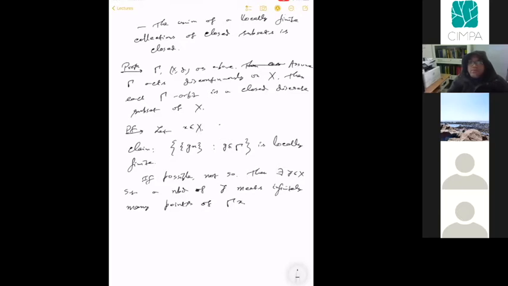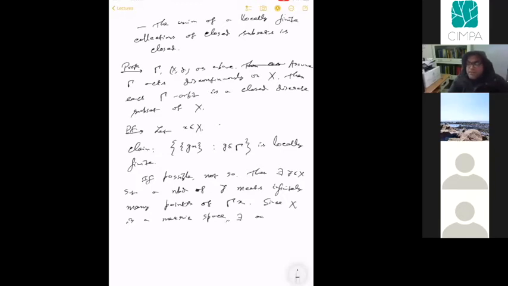Since X is a metric space, if you take a small open ball around a point and it contains infinitely many points of a sequence, then a subsequence converges.